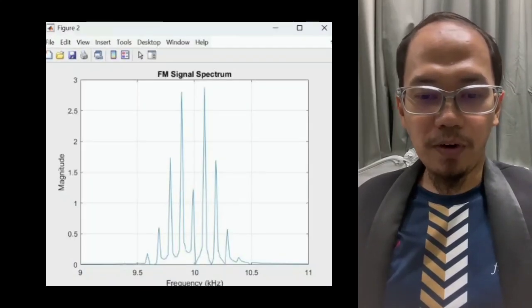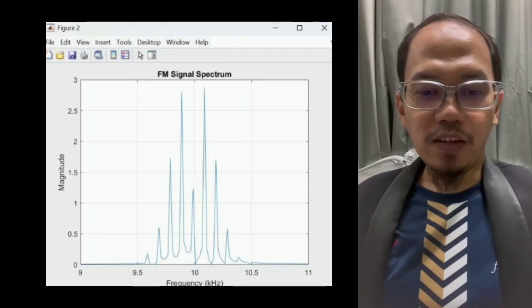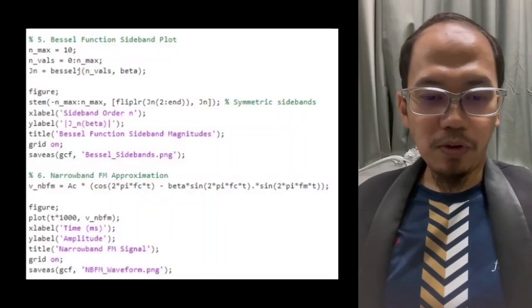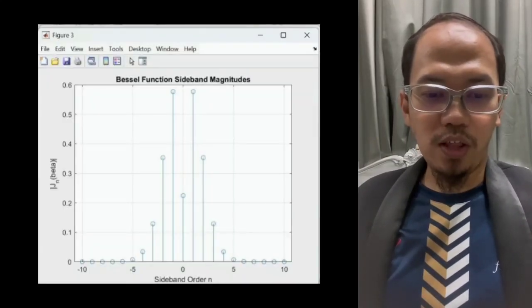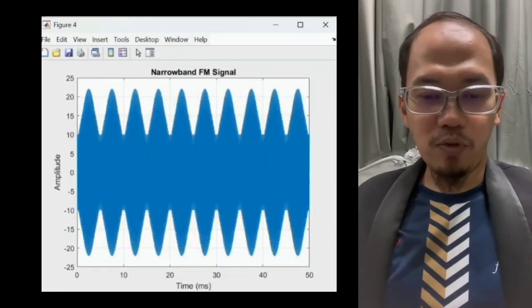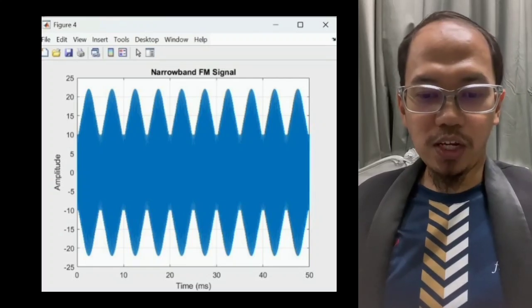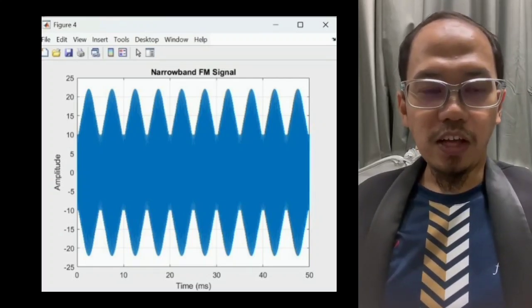The result confirms the sidebands at fc plus and minus fm, just like we showed in the manual method. I also plotted the Bessel function magnitude to match the paper result and compare it with narrowband FM. Finally, we apply FM demodulation to recover the message signal, showing the full process from theory to simulation. So, thanks for watching.